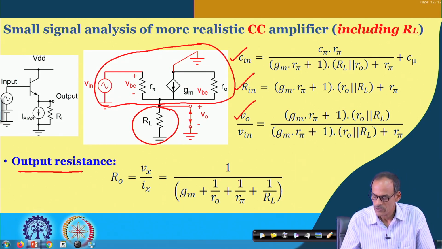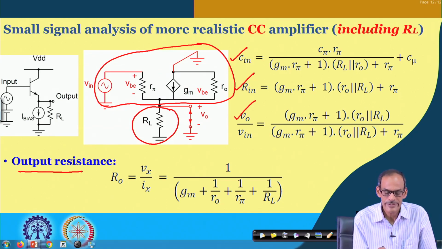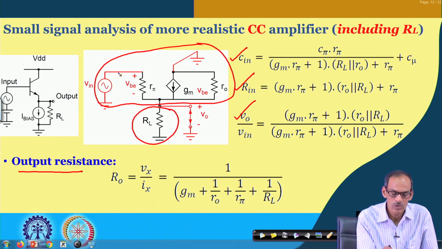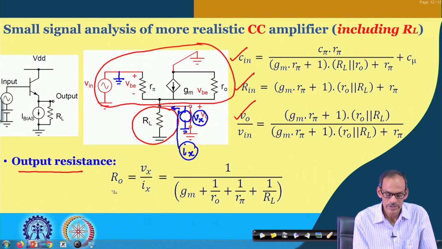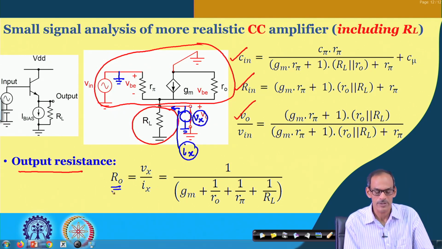Again, if we refer back to our previous analysis without considering this RL, to get the output resistance we made this AC ground, and then we stimulated this circuit by say Vx, and then observed the corresponding current, say Ix. The ratio of Vx by Ix is supposed to give us the output resistance.